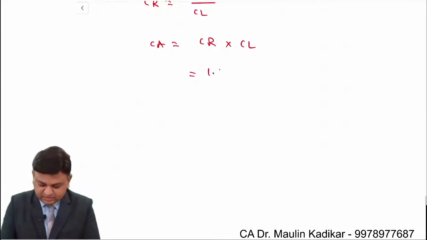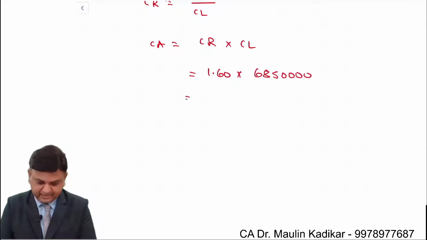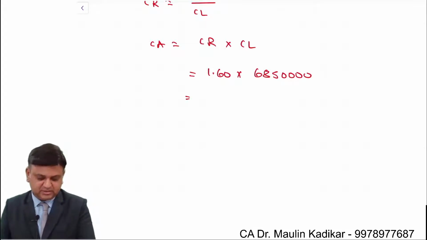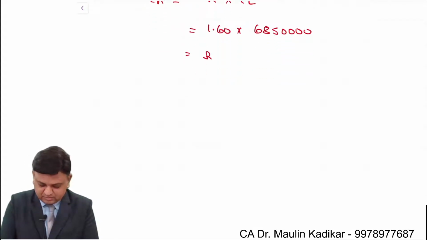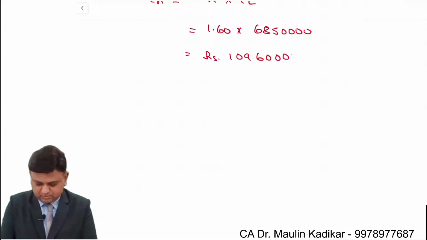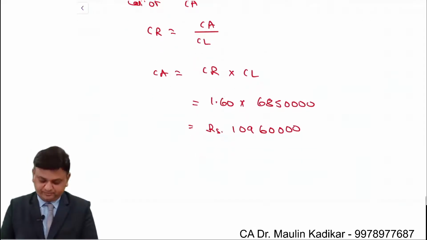Current ratio is 1.6 into current liability 68,50,000. So the answer is 1,09,60,000. That is the way the current assets can be calculated.